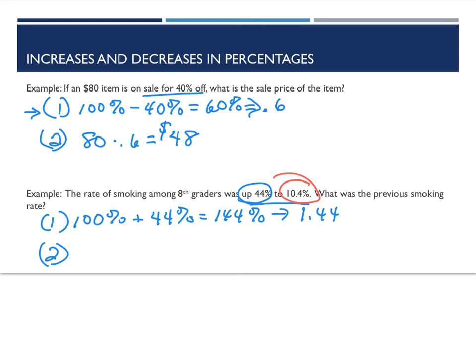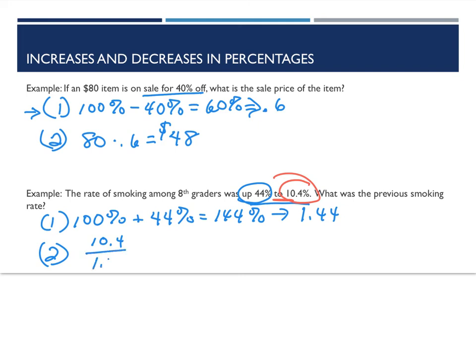Well, that's where reading comes in. The smoking rate was up 44% to 10.4. If it went up to 10.4, that means the final answer, the after number, was 10.4. I don't have to change that one. Don't move any decimal points for that one. I'm going to treat it just like it's the $80 and leave it alone.